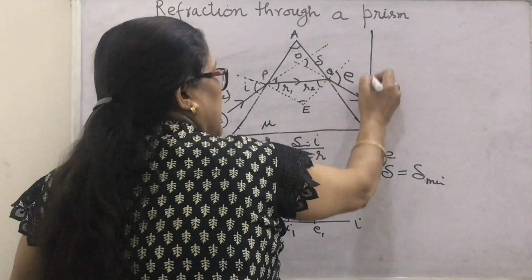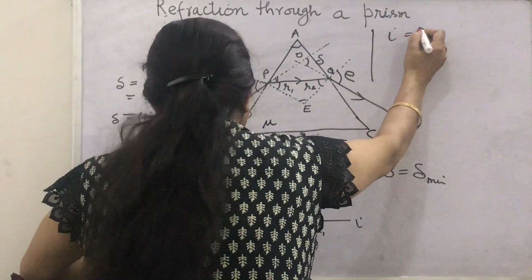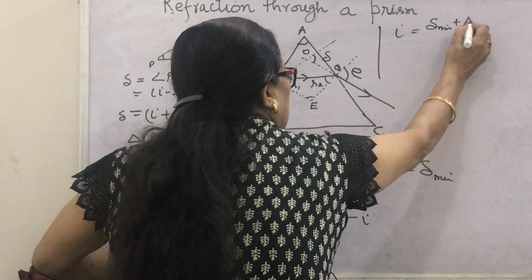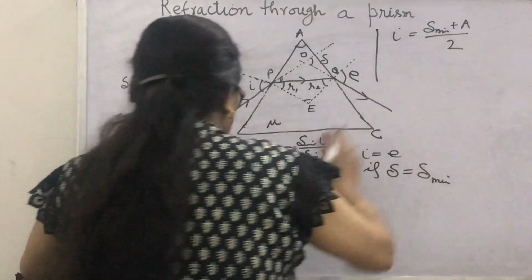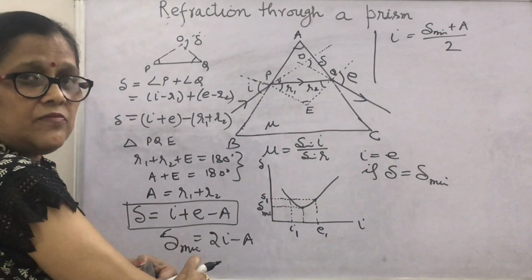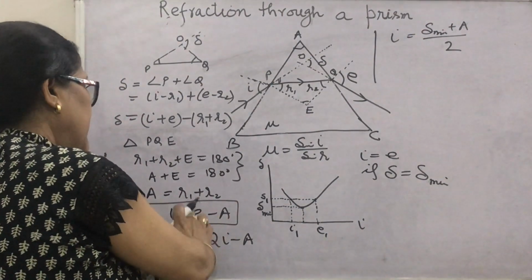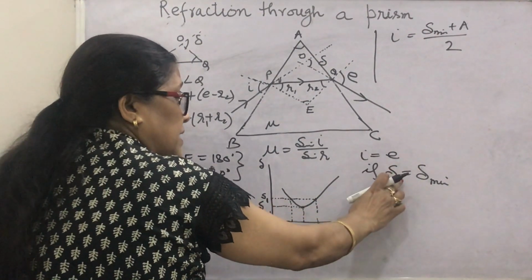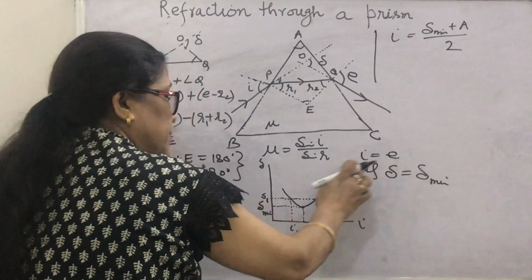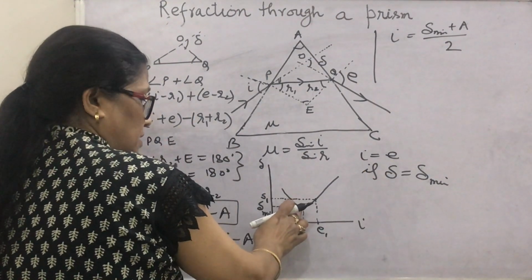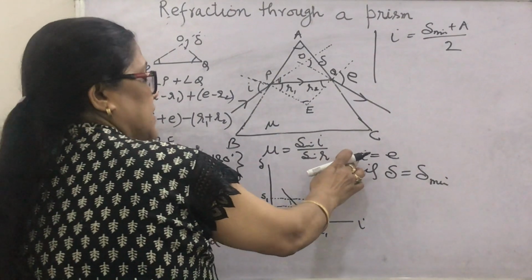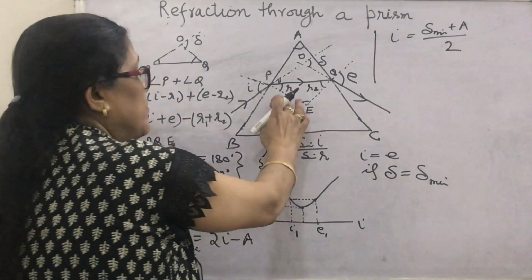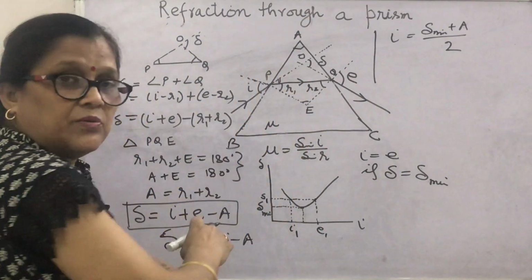You can write here that I will be delta minimum plus A upon 2 from this expression. Also, if delta is equal to delta minimum, that is, the angle of deviation is minimum, then I equal to E means R1 will be the same as R2.